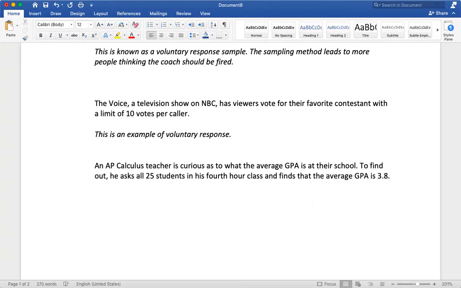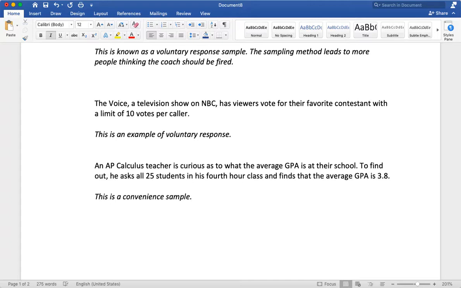Okay, so this method, he was already asking kids in his class what their GPA was to find the average GPA. So this is a convenience sample. Already asked kids that were in his class. They just had to maybe write down on a slip of paper or something their GPA and then give it to the teacher. Very, very easy to do, but again, that's going to lead to bias.